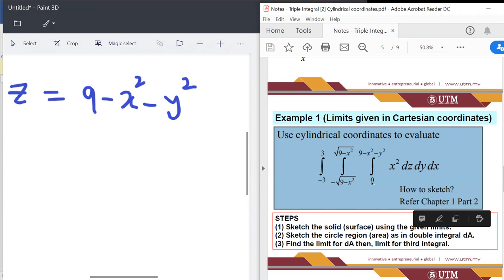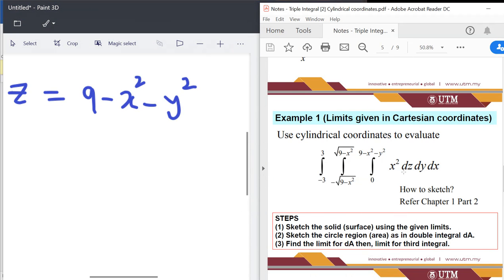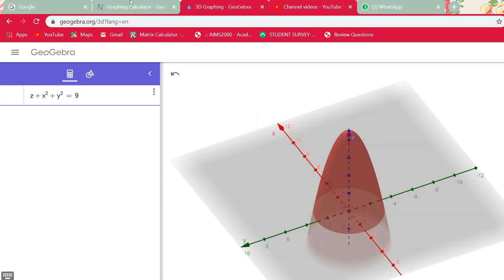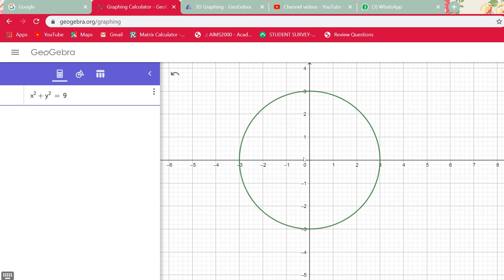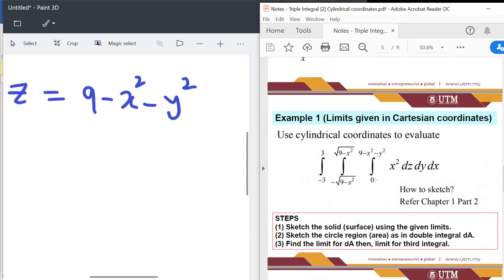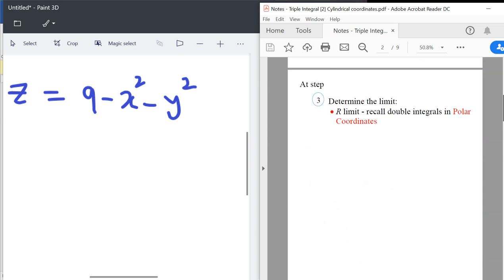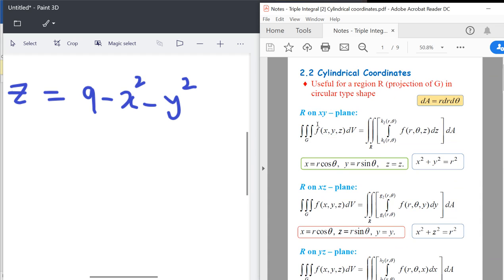If we portray it on the 2D plane, this is the bottom, on the xy plane, with dy dx. So we use type 1: x equals r cos theta, y equals r sin theta, and z remains as z.